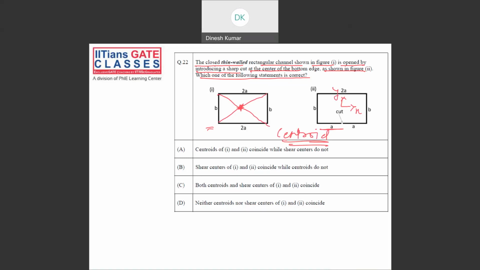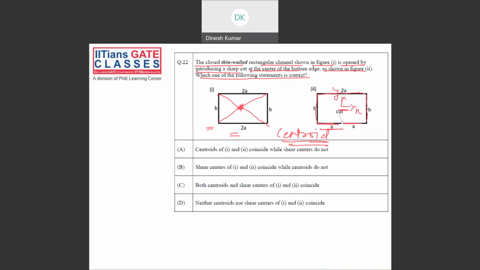When we cut this closed section, you can see the area distribution is the same. If you take this as a reference system, your centroid will still remain the same because we are not changing the position of the members. So area is still distributed in the same way.